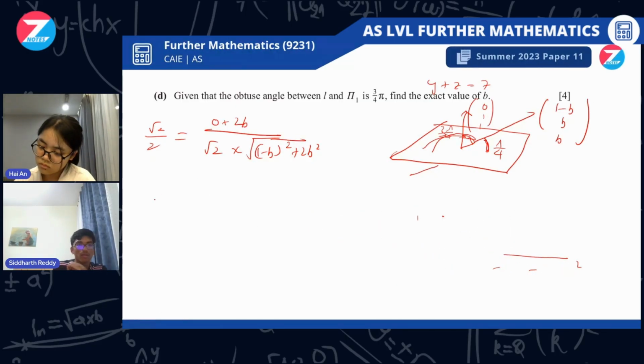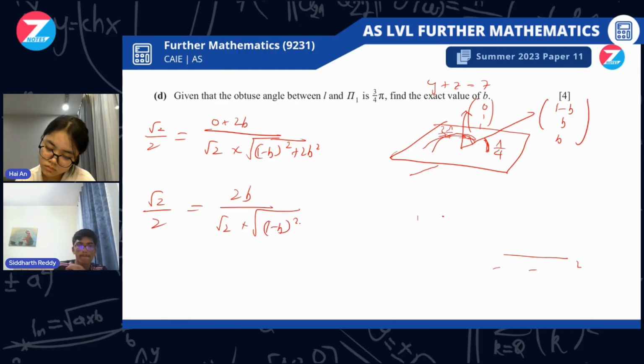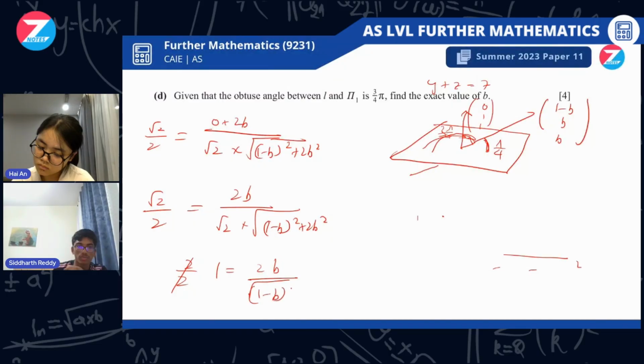So root 2 by 2 is equal to 2b by root 2 into this thing. Multiplying root 2 on both sides, we get 2 by 2, which just becomes 1, is equal to 2b by the square root of 1 minus b whole square plus 2b square.